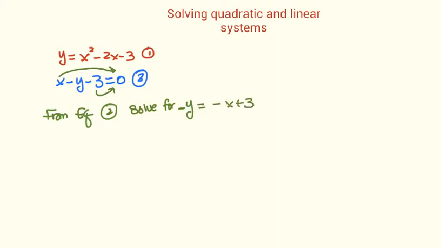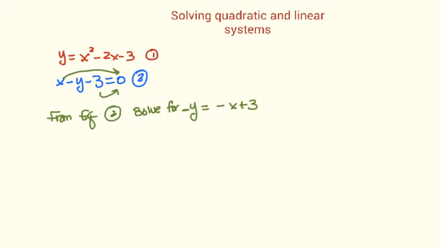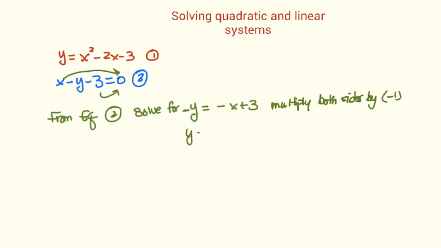But then I need to solve for y, so I need to get rid of that negative, which means I need to multiply both sides by a negative 1, so I would have y is equal to x minus 3. Here's my rewritten second equation, which means I'm going to take this, which is y, x minus 3, and substitute it into here.